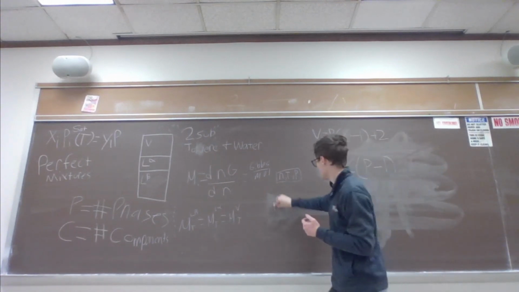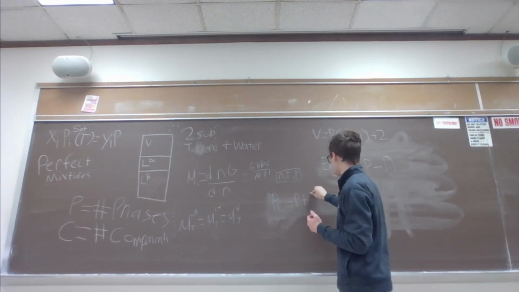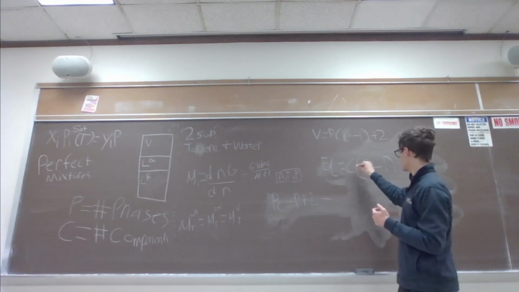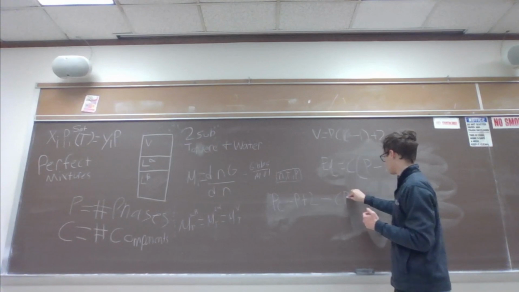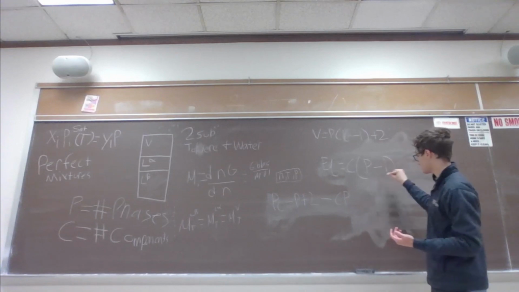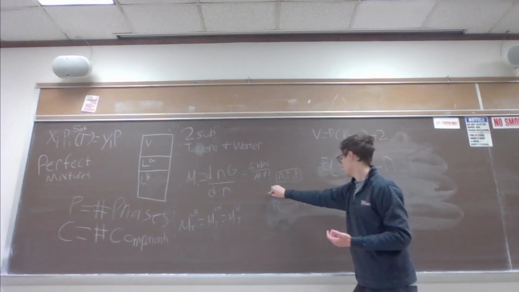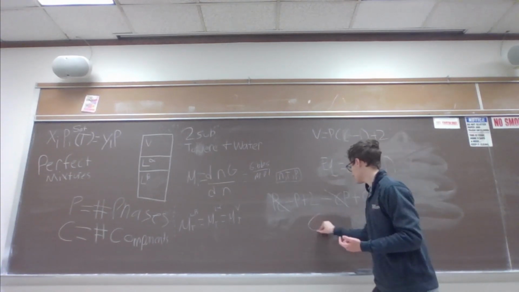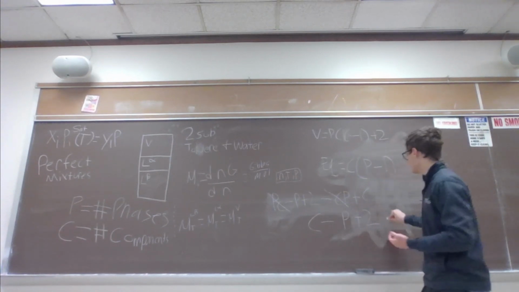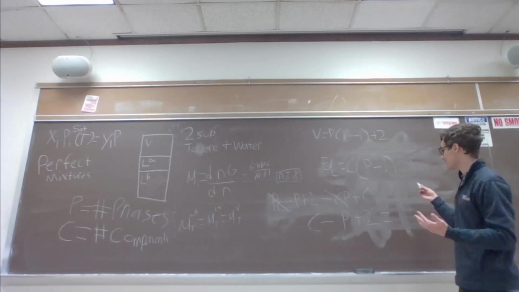So we're going to get PC minus P plus 2, subtracted by, that's going to be CP, and PC and CP are the same thing, plus C. And so our CPs cancel, and we're going to get the number of components minus the number of phases plus 2 equals our Gibbs degrees of freedom analysis equation.